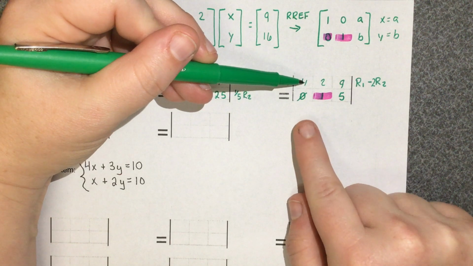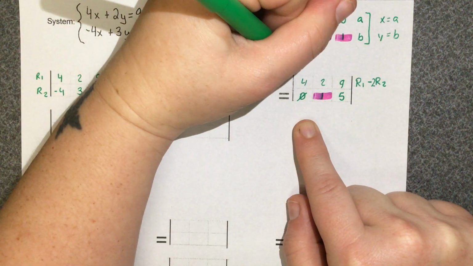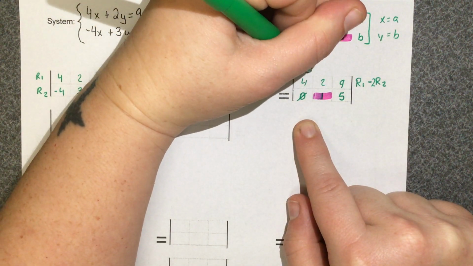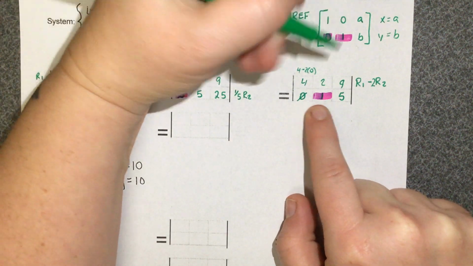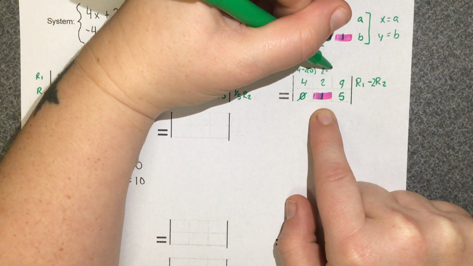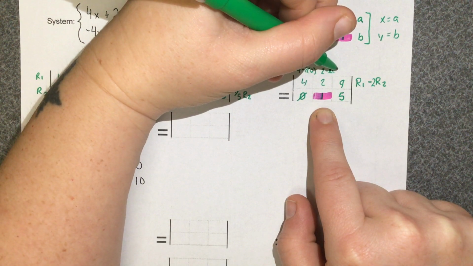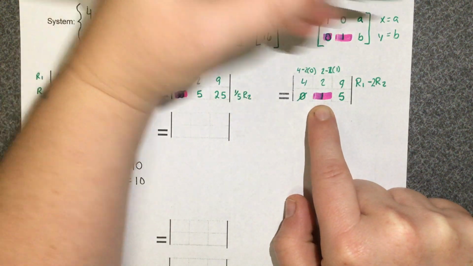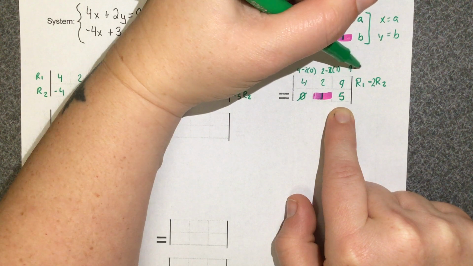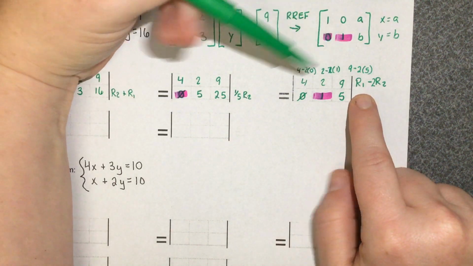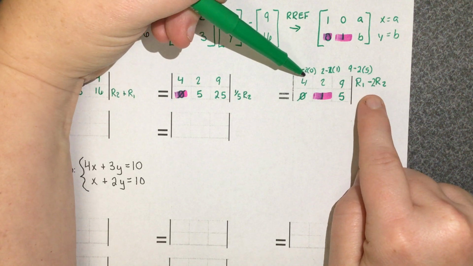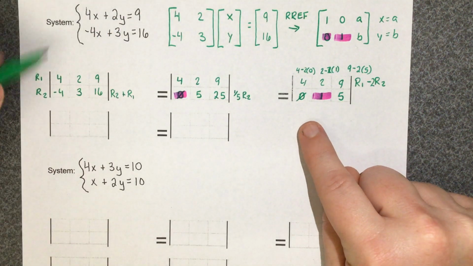So taking 4, and I'm subtracting from it 2 times 0, which is nothing, no change. I'm taking 2 and subtracting from it 2 times 1. And I'm taking 9 and I'm subtracting from it 2 times 5. So see how I'm taking row 1 minus 2 times row 2 for each.